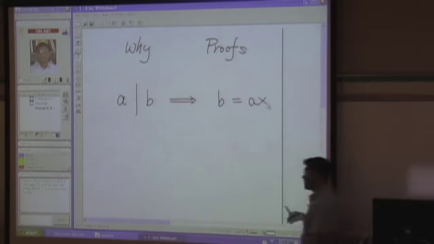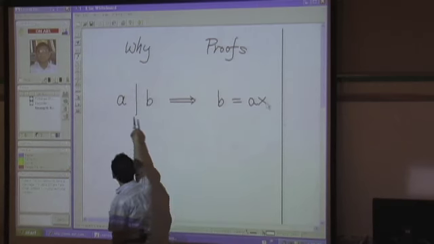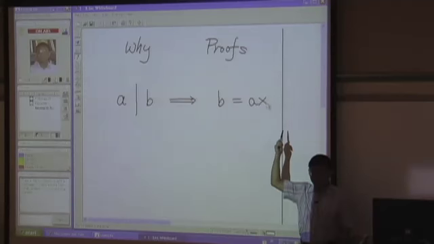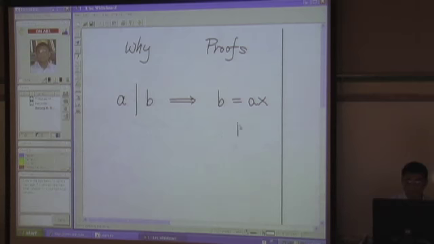Once it's an equality, it's easy to handle. So we can translate A divides B into B equals A multiplied by some number X. So we have A divides B, or B equals AX. And this is the very important thing you should remember.